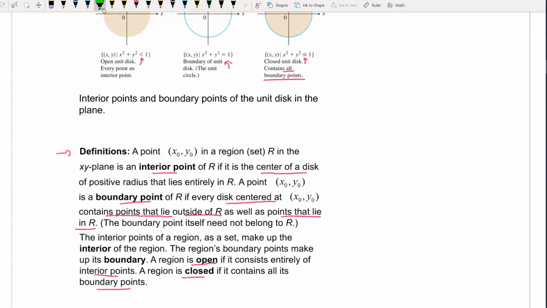So this was what we had on this part. Here we had open, this one was closed, and this is what we had for the boundary. Again, based on what we had, this was less than, this is equal to, and here is less than or equal to. Note that when we have a closed unit disk, it contains all boundary points.